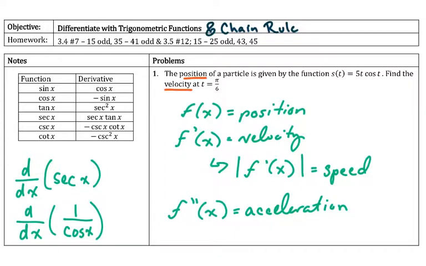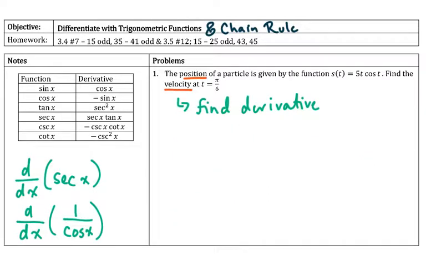So when you see position and it asks about velocity, that just means that we're going to have to take its derivative. Here we're finding the derivative of 5t cosine t, and I will use the product rule. I'm going to separate it as 5t times cosine t as our two functions. The derivative of 5t is 5.